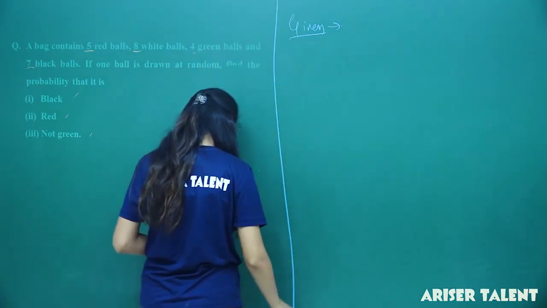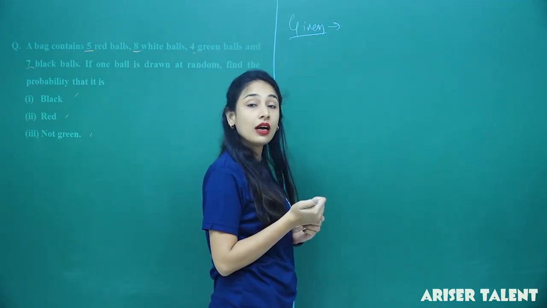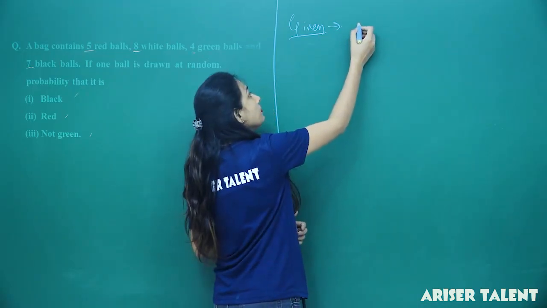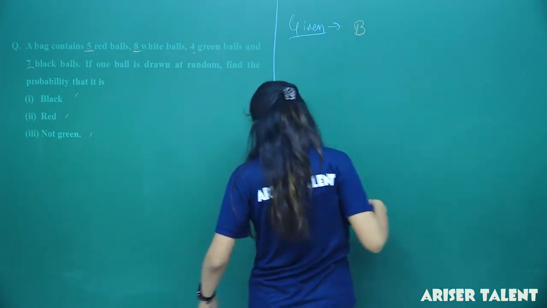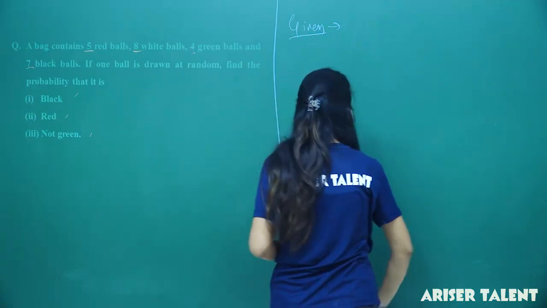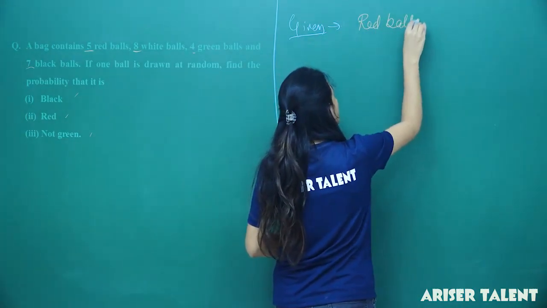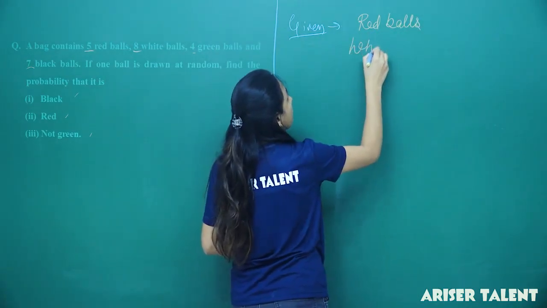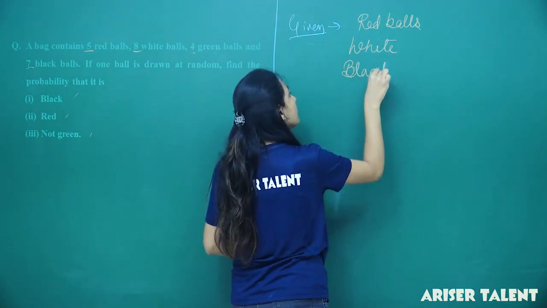So given is what, students? Given are the numbers of the balls we are having. First, we are having red balls, white, black, green.